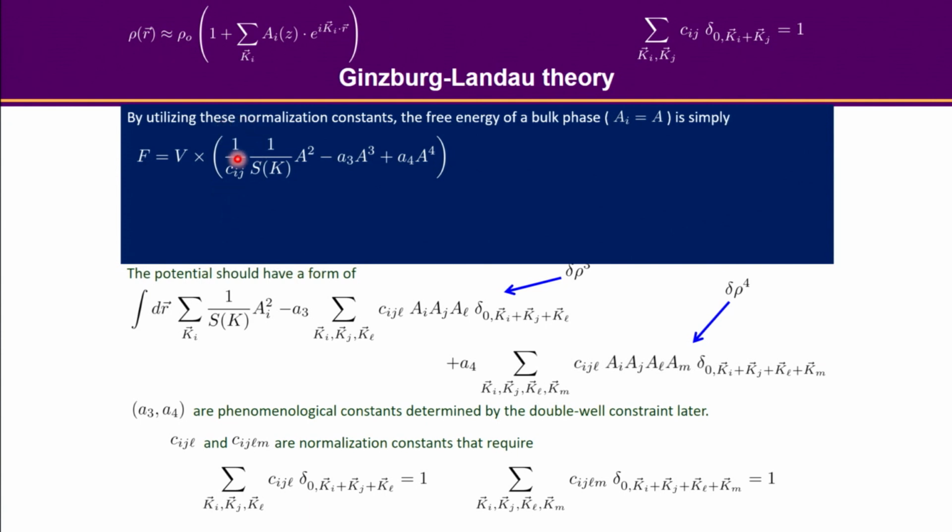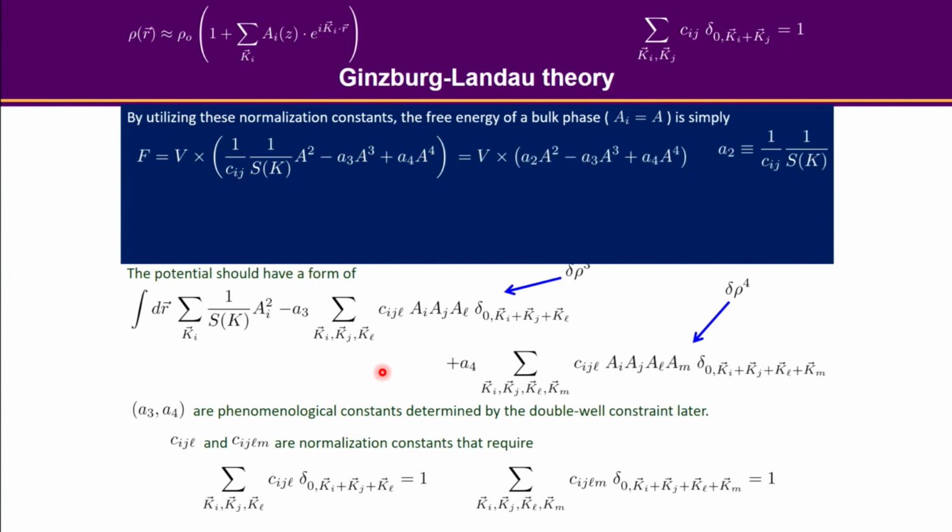That depends on the crystal structure. The first term gives me this contribution. And if all the A are the same, I can similarly reduce the cubic and quartic terms. Because of the use of CIJL or CIJLM, that coefficient disappears. Otherwise, I have something extra.